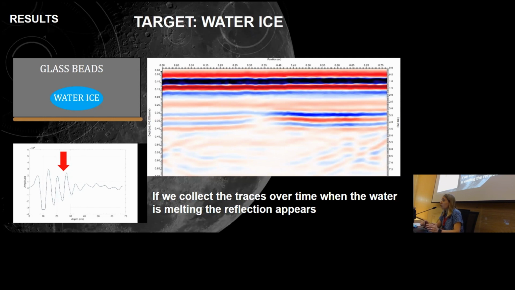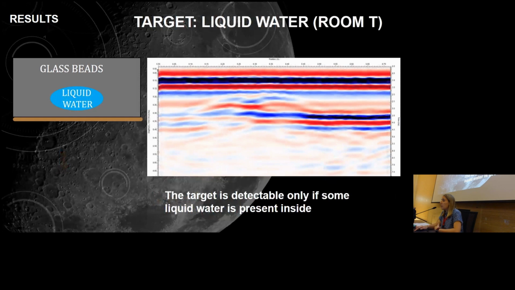This is also very well highlighted when we acquire the GPR lines when the target is partially or totally melted. Here is the radargram when liquid water is present in the target, and it's clearly visible in our radargram as a very bright hyperbola. So in this case, the target is detectable with the GPR only when liquid water is present inside.